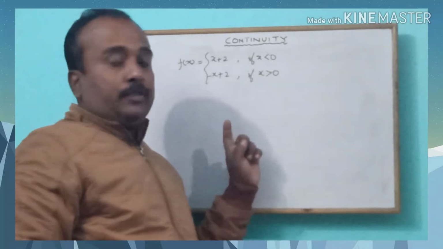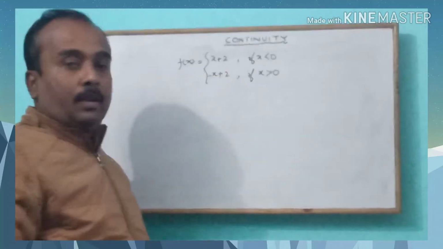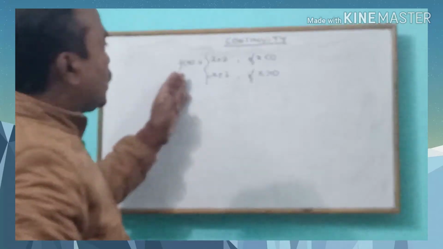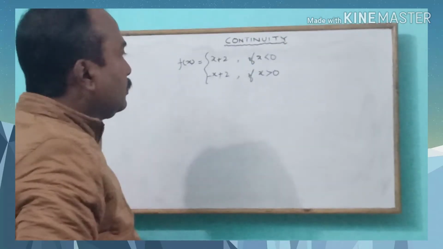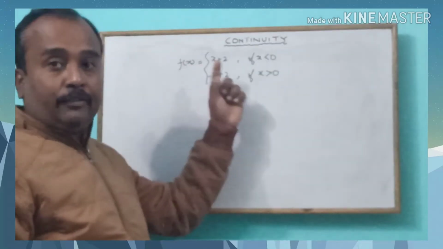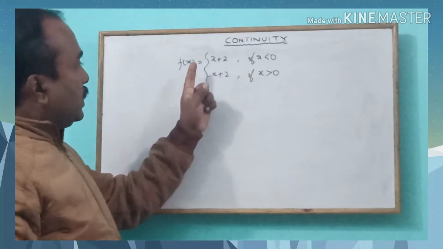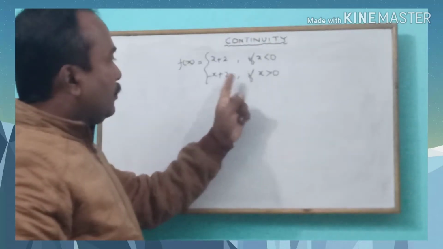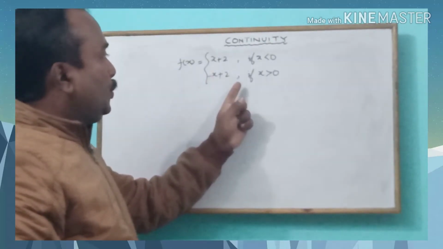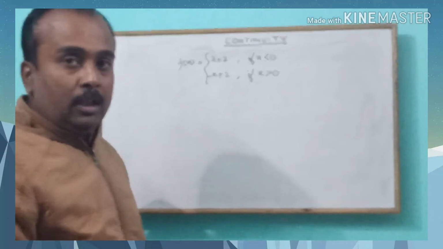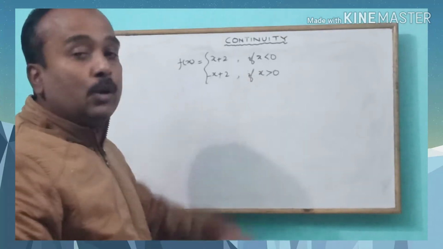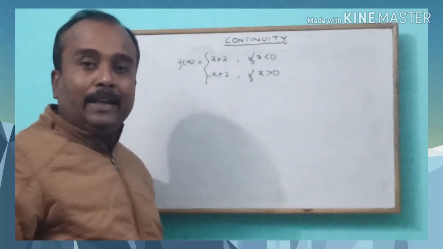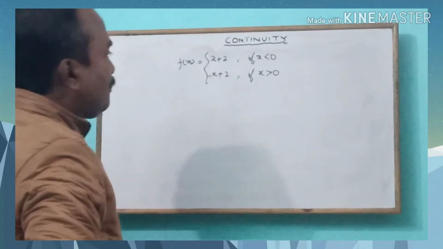Now let us observe this particular function. We are supposed to check the continuity of the function, whether the function is continuous or not. What we notice, if I see the function carefully, the function f(x) is equal to x plus 2 if x is less than 0 and minus x plus 2 if x is greater than 0. What is missing? x equal to 0 is missing. That means the function is not defined at x equal to 0.